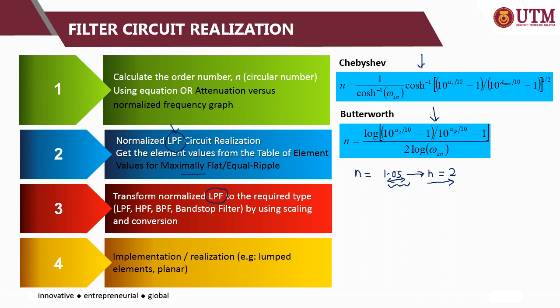Okay, then to get the high pass filter, for example, you need to perform circuit transformation to get the high pass filter. So some of the components may be calculated by using specified equations so that you can get the actual values of the final circuit design.